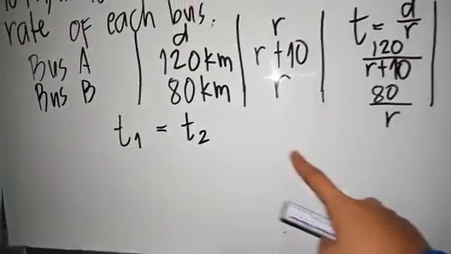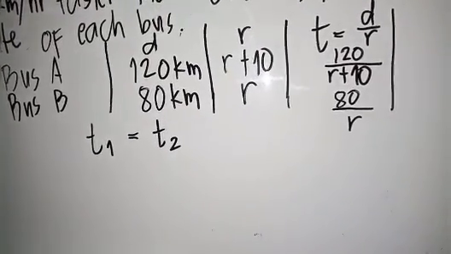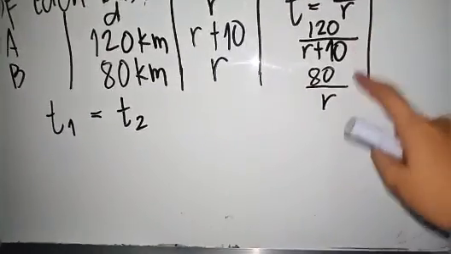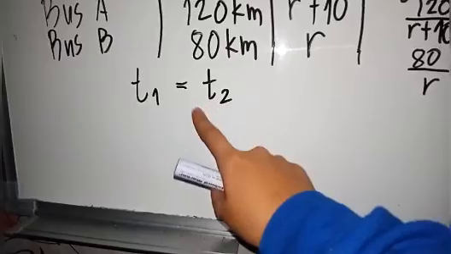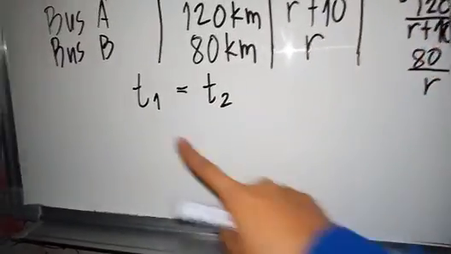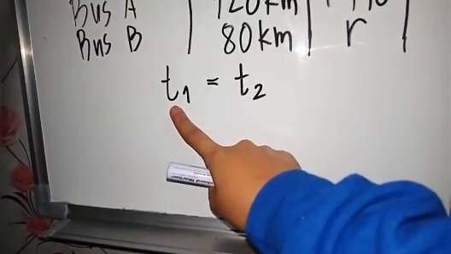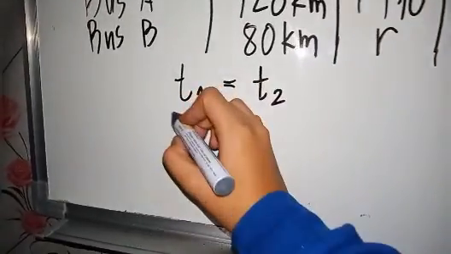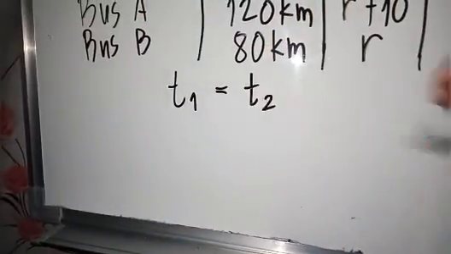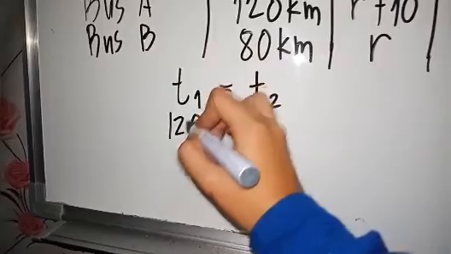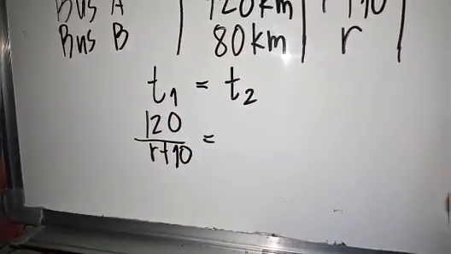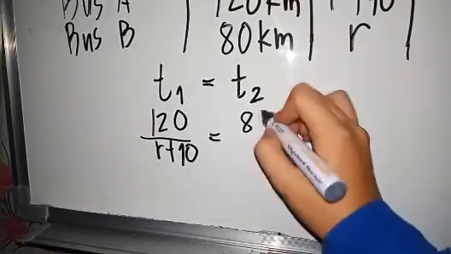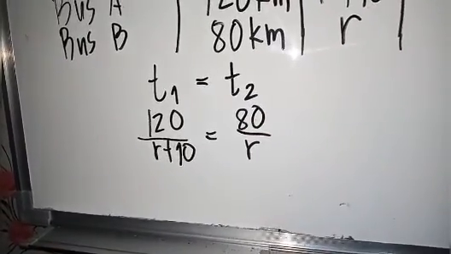Okay, since meron na tayong nakuhang time, ilalagay na lang natin siya sa ating formula na nakuha. So, we have the first is 100 all over by R plus 10 is equal to doon sa ating bus B, which is 80 all over by R.